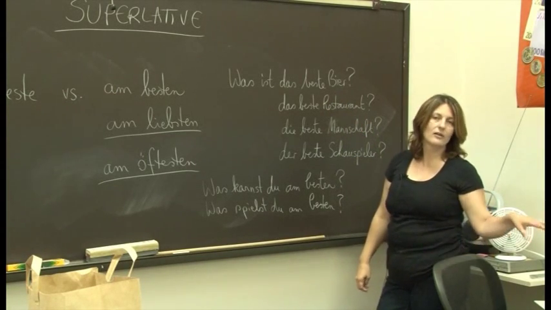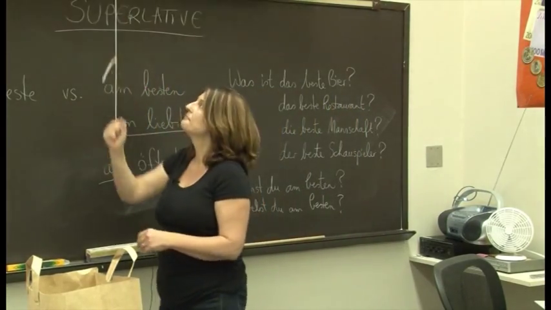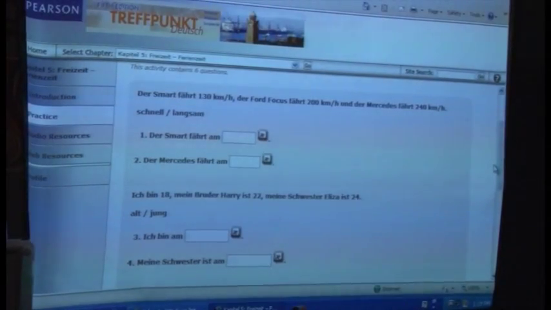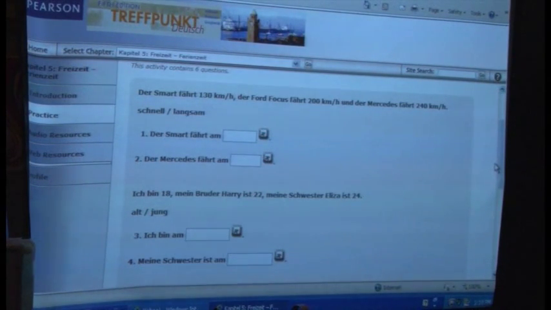Good, so let's take a look at one exercise here online together. All right, here we go. Wir haben hier Autos, 3 Autos. Der Smart ist ein Auto. Sehr beliebt, sehr populär in Europa. Ein ganz kleines Auto. Es gibt sie auch hier in Amerika. Ich habe sie gesehen, aber es gibt nicht so viele hier.